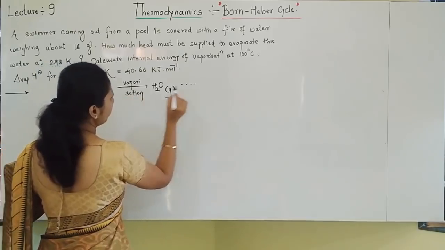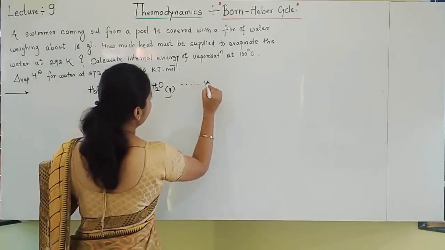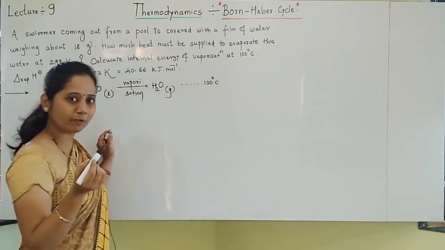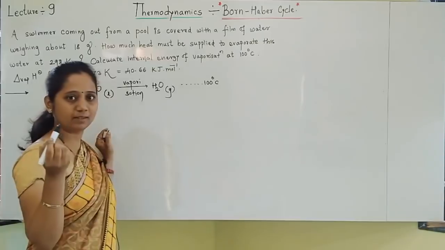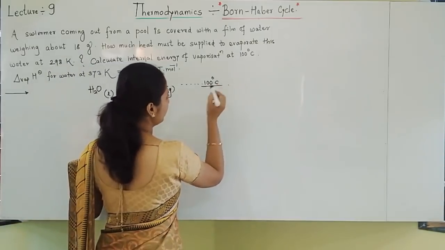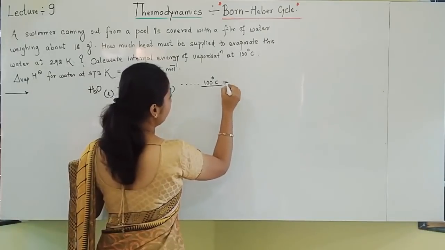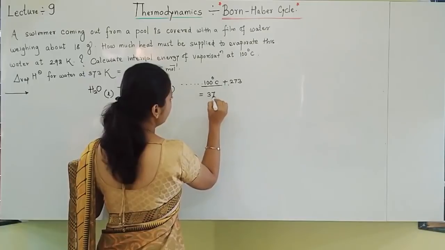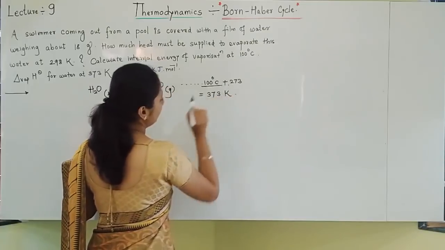And of course we know that vaporization takes place at 100 degrees Celsius. Water boils at 100 degrees Celsius, so vaporization takes place at that temperature. I can convert this temperature into Kelvin by adding 273, so it becomes 373 Kelvin.